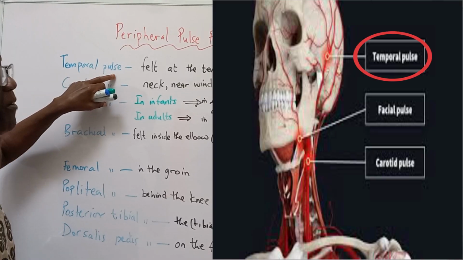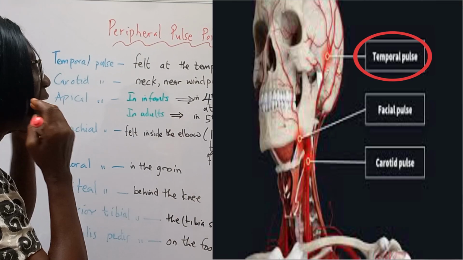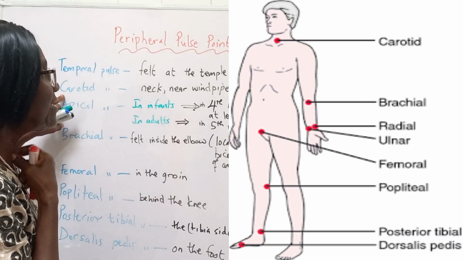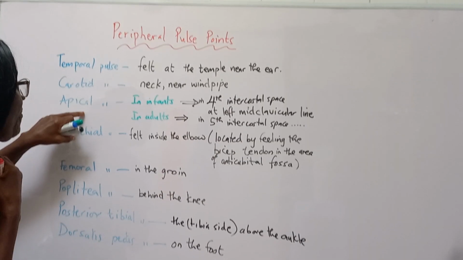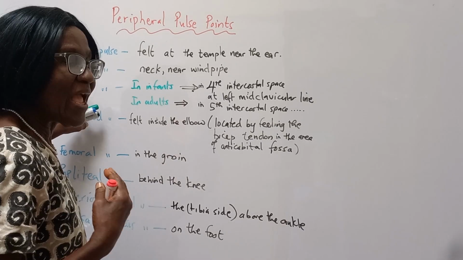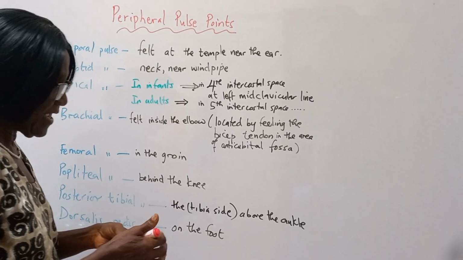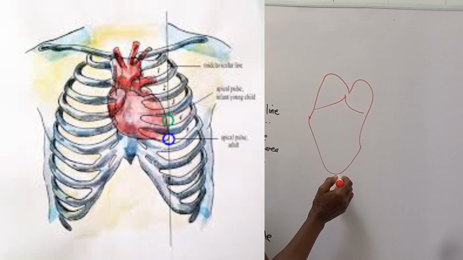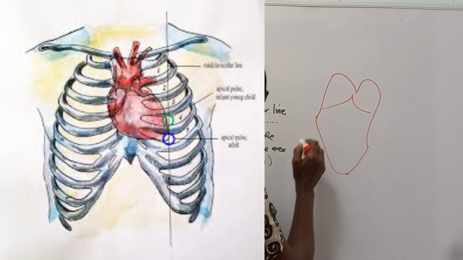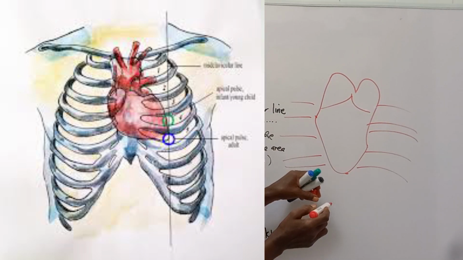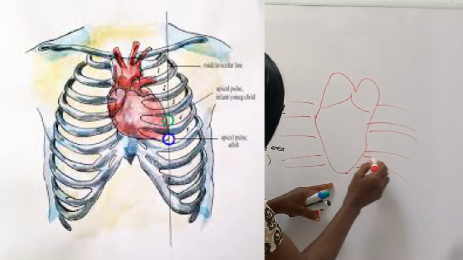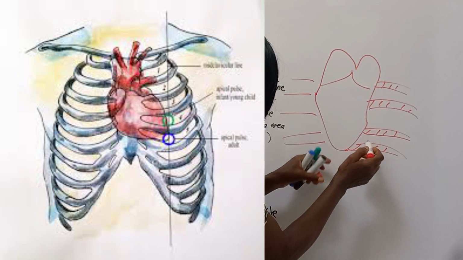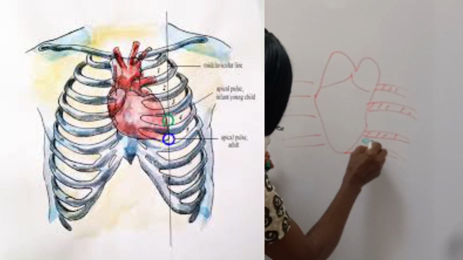So temporal pulse is at the side of the head near the ear. Carotid is at the neck where the windpipe is. Apical is the apex of the heart. The apex of the heart, if this is the heart, this is the apex of the heart, and you know the heart lies in the thoracic cavity, so there are ribs, and in between the ribs are intercostal muscles.